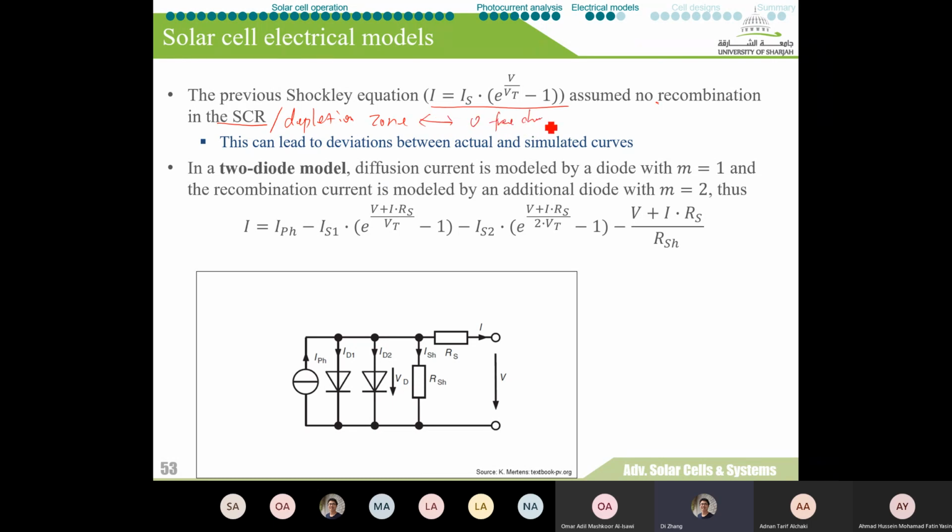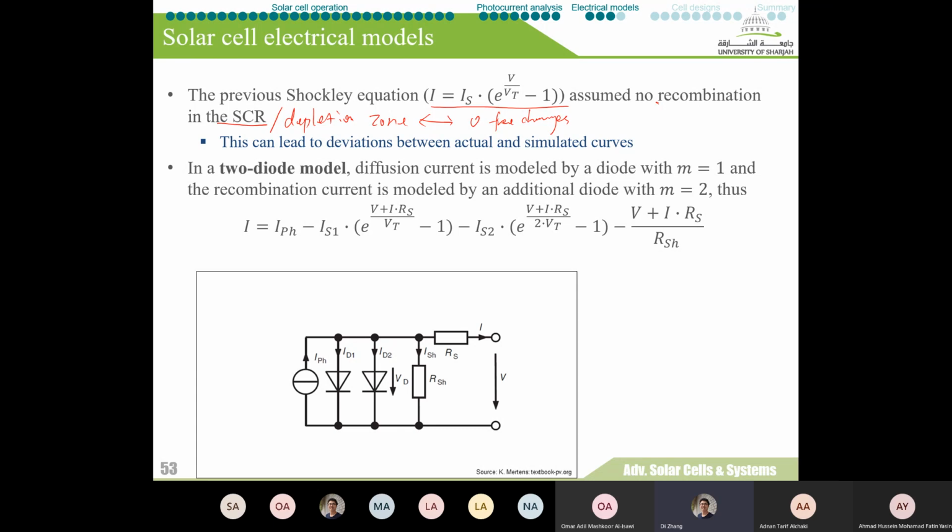And if there are zero free charges, it typically means that the recombination will be very minimal, because if you want to recombine, you typically need one electron and one hole. With zero free charges here, the chance for recombination is very small. But recombination actually happens inside the space charge region, it's just typically a relatively light effect.